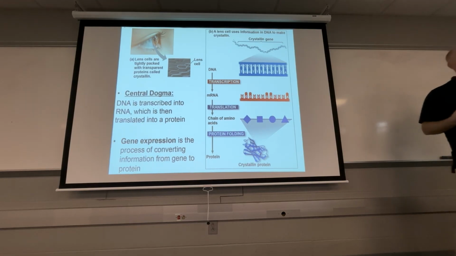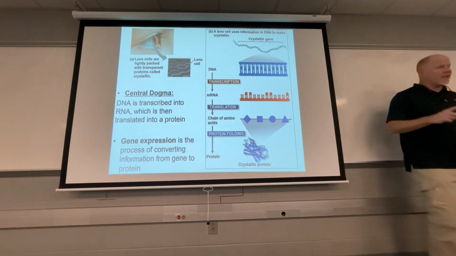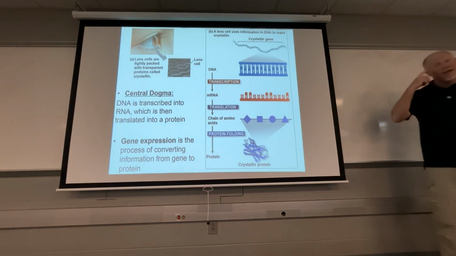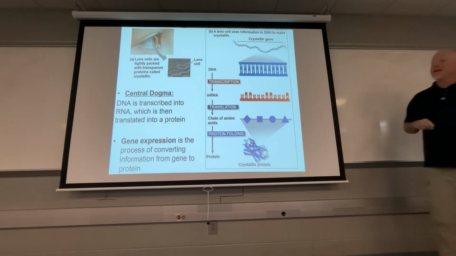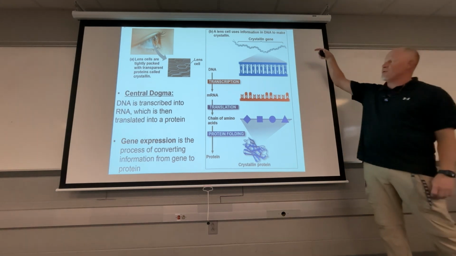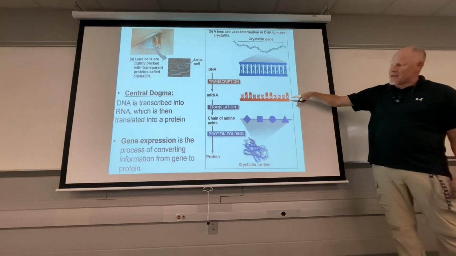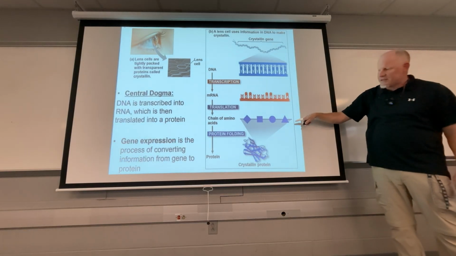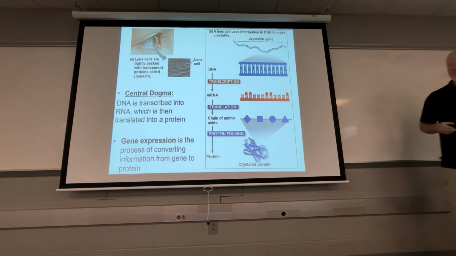Those characters have variation in them, usually at first just one variant or another, that we call a trait or a phenotype. So those are linked to the protein and to the central dogma. What sequence you have in your DNA leads to a copy of messenger RNA that leads to a protein that affects what we see in an organism.